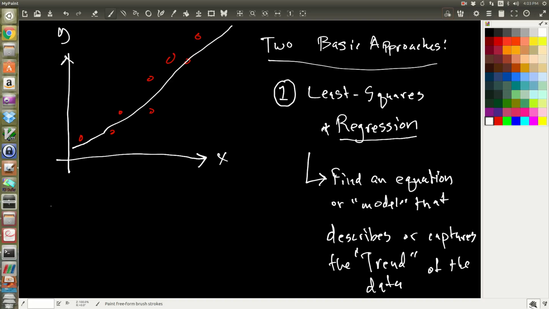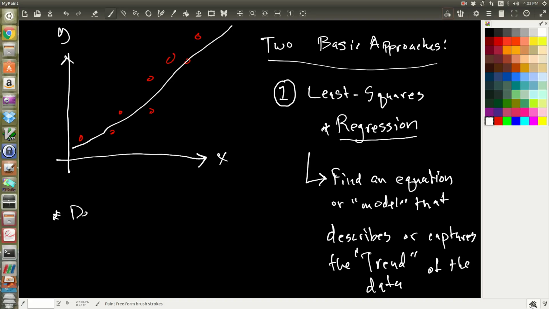So typically when we're talking about curve fitting, we're always dealing with some discrete set of data points. So I'll just write that down.